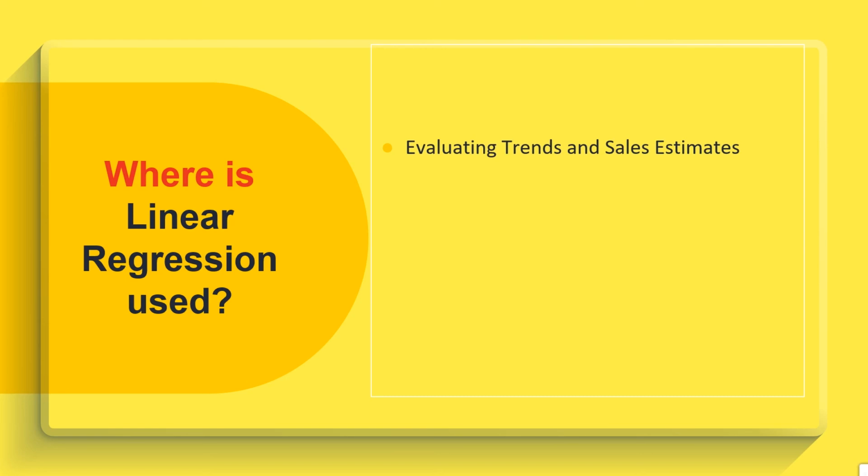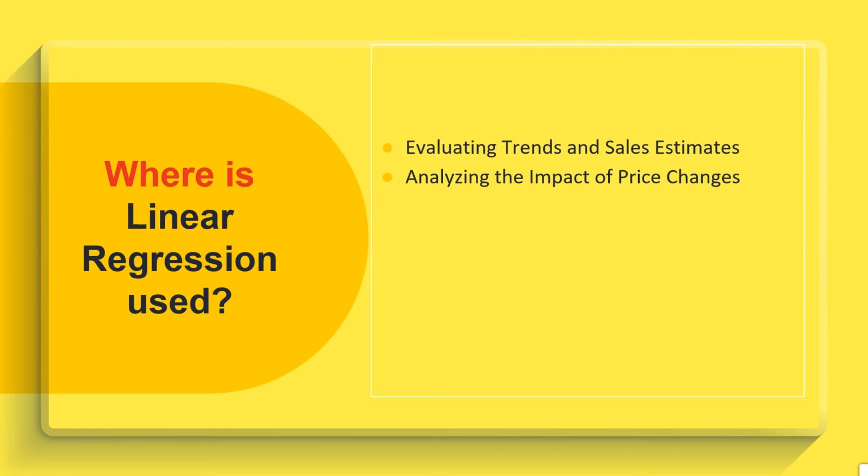Next is analyzing the impact of price changes. Linear regression can be used to analyze the effect of pricing on consumer behavior. For instance, if a company changes the price of a certain product several times, then it can record the quantity sold for each price level and then perform a linear regression with sold quantity as the dependent variable and price as the independent variable.